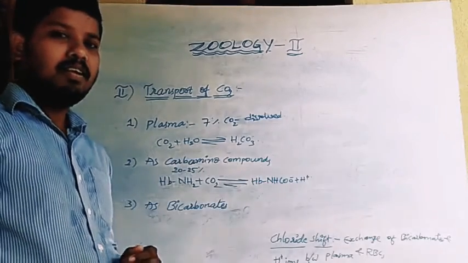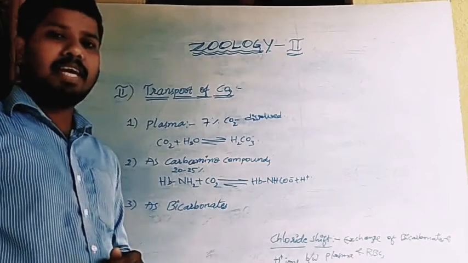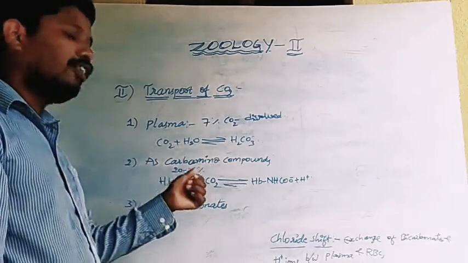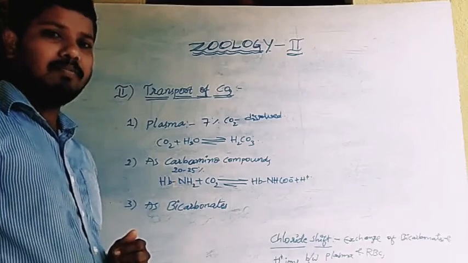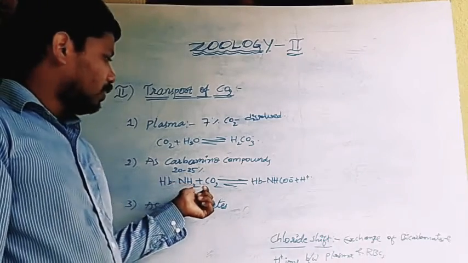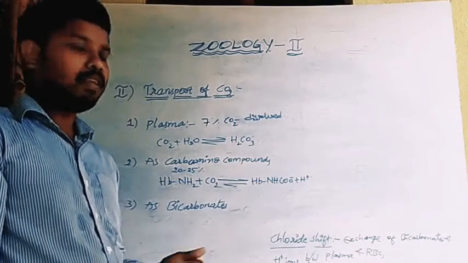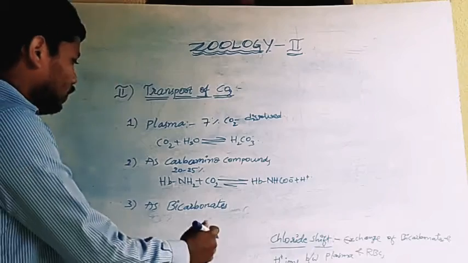So here 20 to 25% of carbon dioxide directly combines with the free amino group of hemoglobin, forming a carbamino compound of hemoglobin.